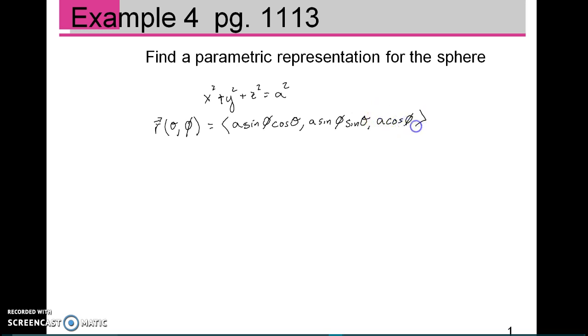All right. So this may or may not be confusing for you, but since we haven't gone over spherical coordinates in particular, let's just look at this. I'd like you to make sure you understand what's going on.